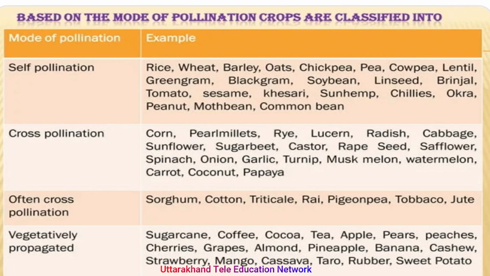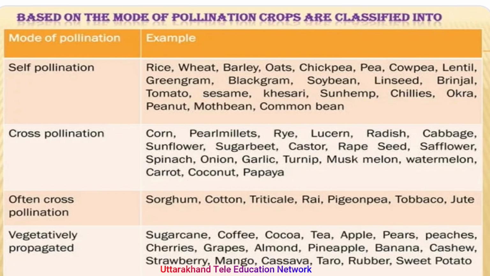First one is self-pollination. Self-pollination is generally found in rice, wheat, barley, oats, chickpea, pea, cowpea, lentil, green gram, black gram, soyabean, linseed, brinjal, tomato, sesame, khesri, sunhemp, chilies, okra, peanut, moth bean and common bean etc.